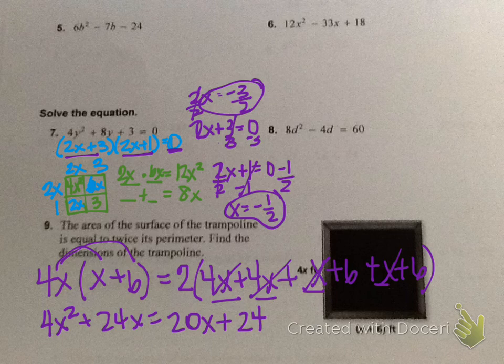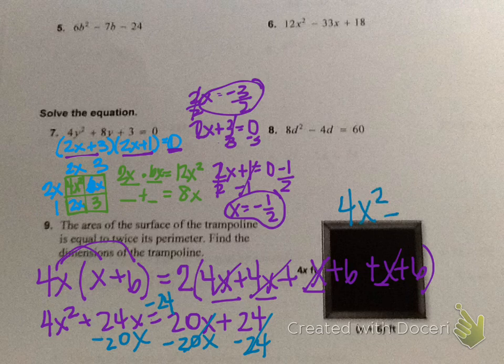So here, again, we need to solve this, make it say equal 0. When in doubt on quadratics, you're making them say 0. And then subtract 24. So we have 4x squared plus 4x minus 24 equals 0.